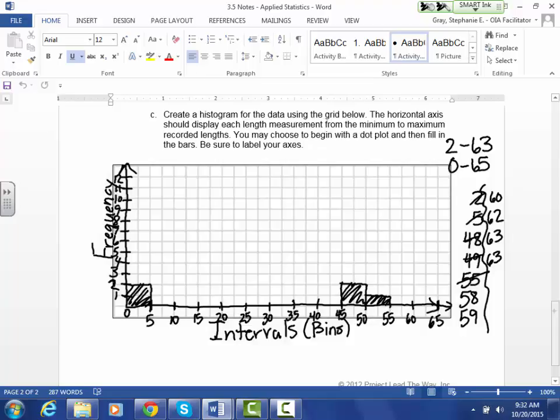And then between 55 and 60, 1, 2, 3. And then between 60 and 65, there's also 3.